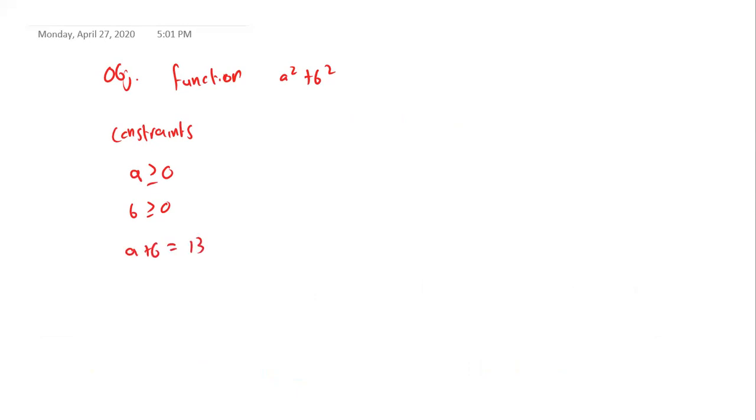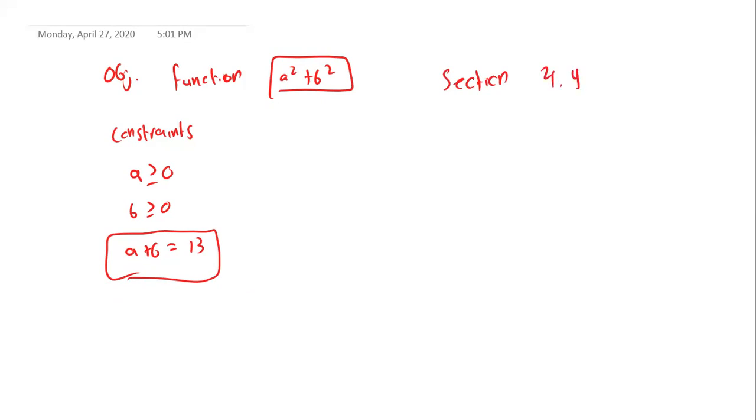You would use this expression here to write your objective function as a function of one variable. Right? That's the only other thing to remember. Okay. Again, I did this in section 4.4. I did three examples. They include all of these. Please look at all of it, section 4.4 videos. Okay.